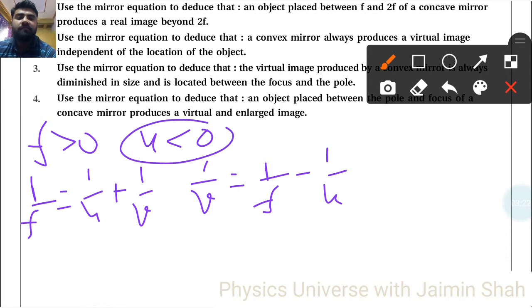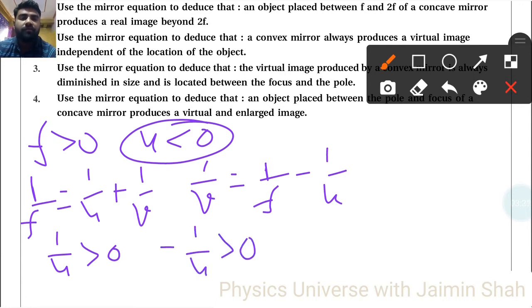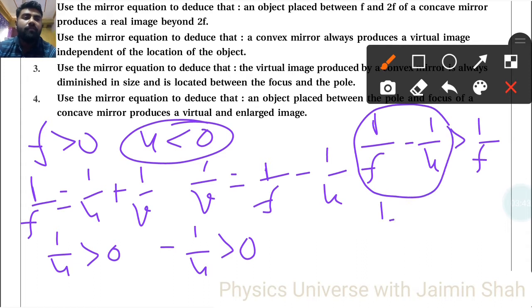So u is less than 0, so 1 upon u is greater than 0. Now putting a negative sign, minus 1 upon u is less than 0. Now by adding 1 upon f to both sides, 1 upon f minus 1 upon u is greater than 1 upon f. Now this is 1 upon v, so 1 upon v is greater than 1 upon f.